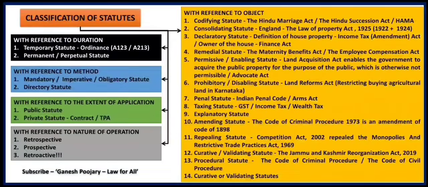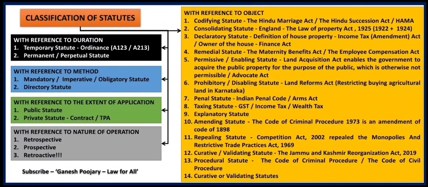The 12th type is curative or validating statute. Imagine your health is not good. What are you doing at that particular time? You are going to a doctor, taking medicine, and then you cure the disease that you are having. That is curative. Likewise, if there are any issues in the society, and the government brings a statute and cures the same, those types of statutes are known as curative or validating statutes.